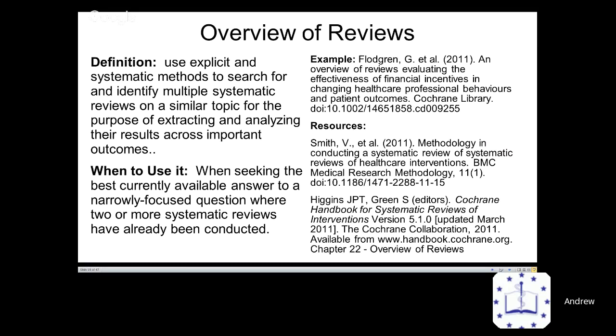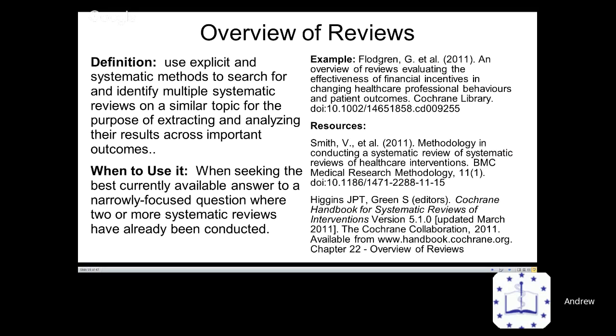So they are getting an instant overview of the evidence rather than having to wade through the individual studies. And so if 2 or more systematic reviews have already been conducted, there is a strong argument for not repeating another systematic review, but for using those systematic reviews, taking stock of what has already been done.